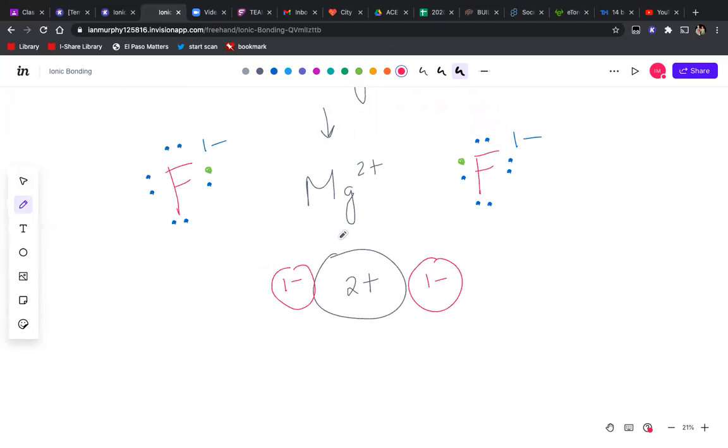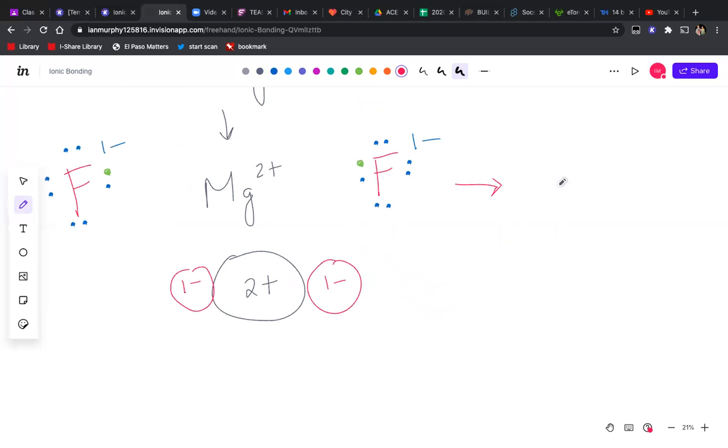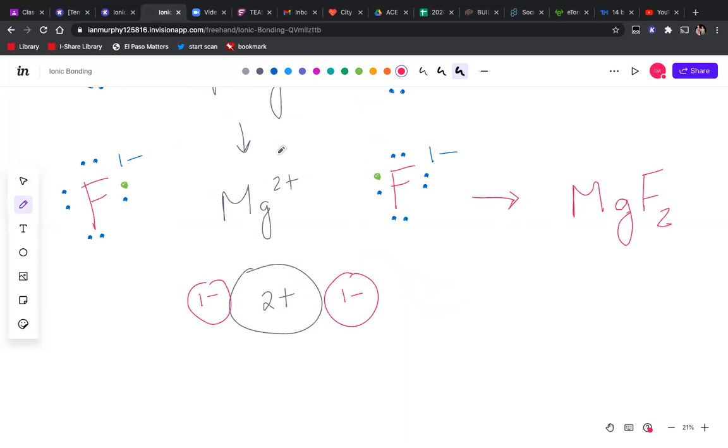And this would be how the molecule would look to some extent. You might be thinking it looks like water. Well, that's because the compound that we formed is MgF2, right? So that's what we do here.